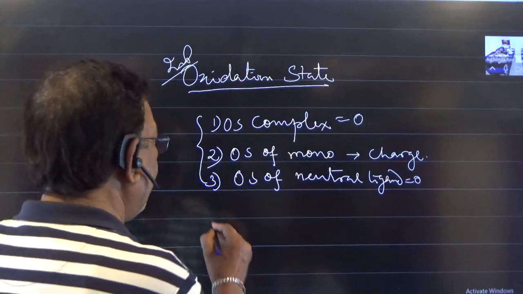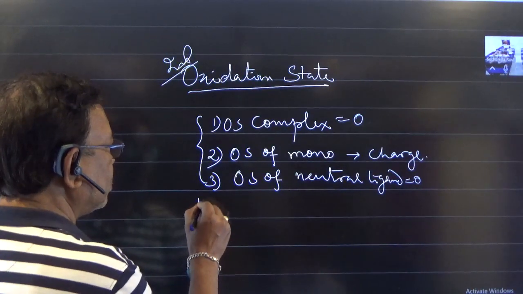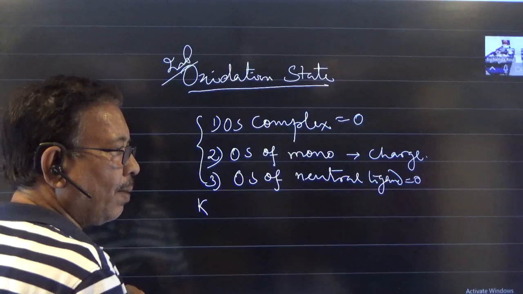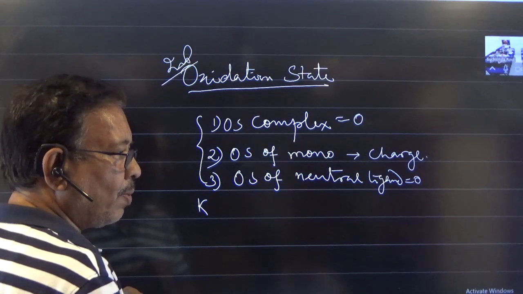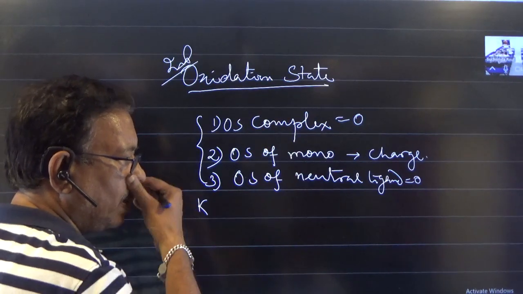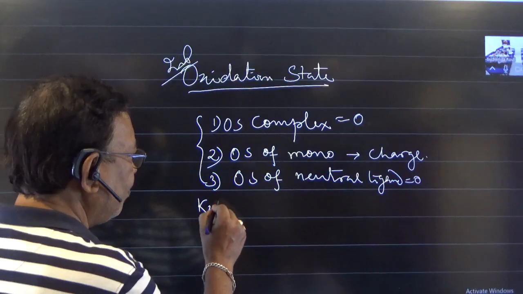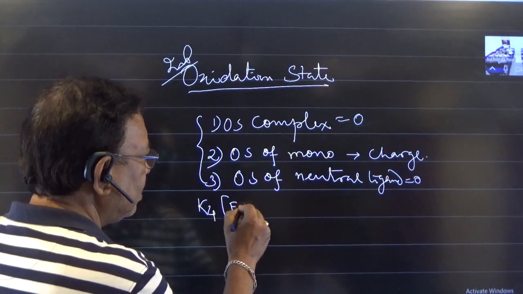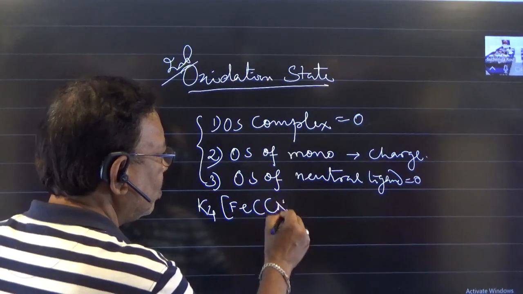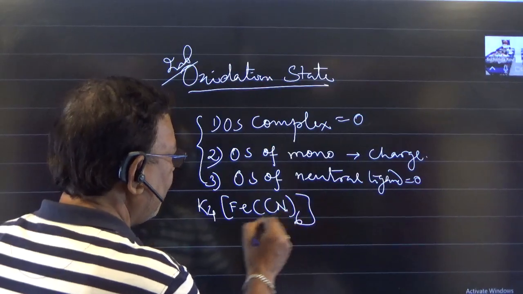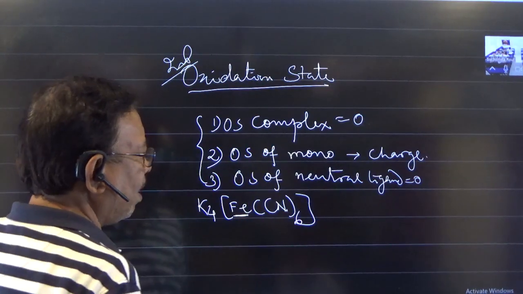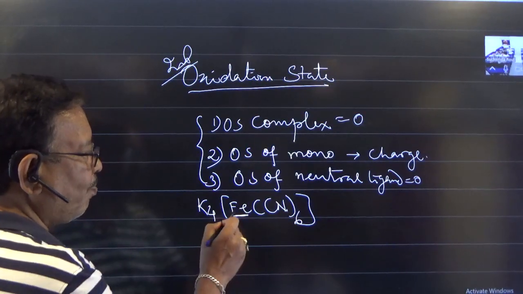Say for example, K4[Fe(CN)6]. First of all, everybody see how I am doing this. A question will come: find the oxidation number of the underlined element.